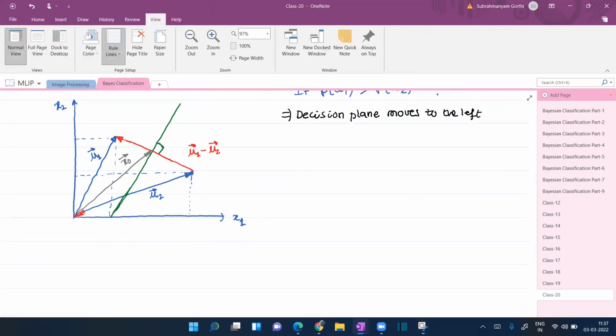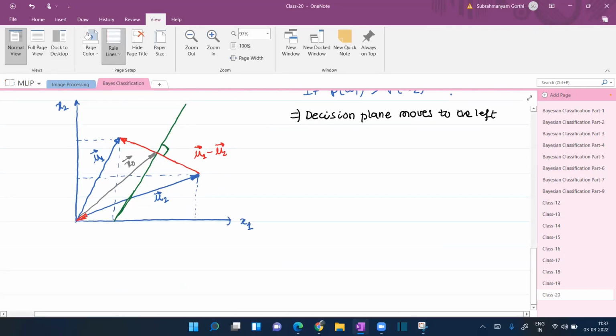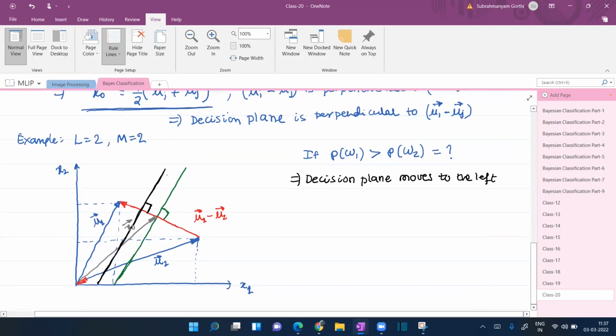Let me draw that somewhere. Hopefully as much as possible parallel to that, still perpendicular. So this is what you get. Okay, just let me draw like this. This is what would happen to your decision plane when your probability of omega 1 is greater than probability of omega 2.